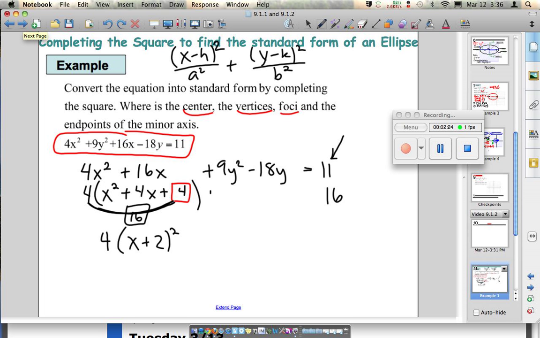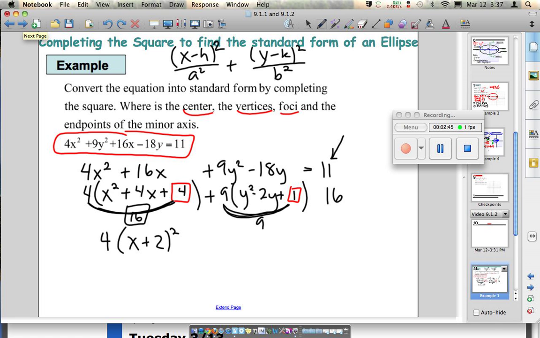We're going to do the same thing with y now. We're going to factor out the 9, and then we're going to ask ourselves what has to go in this box so that I've completed the square. In this case, it's 1. So I need to add on 1. But it's not just 1, it's actually 9.